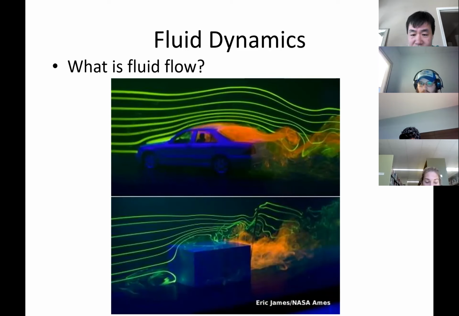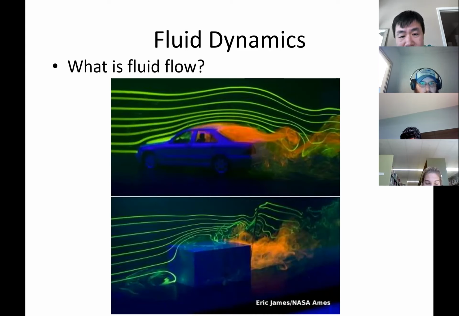So do you know what this experiment is doing? This seems like it's in a wind tunnel. They put a car in a wind tunnel and put a block in the wind tunnel. What do they want to test on this? They put the smoke.